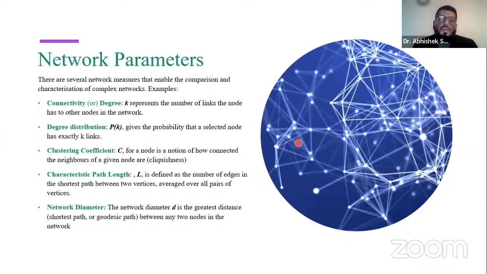You can only solve it at the system level, when you have all the genes, all the proteins, all the metabolites in front of you, and you can infer from their connectivities. So there is also network diameter, which is the greatest distance between two nodes in the network. Fine.